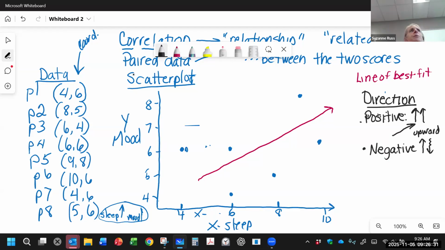Maybe stress level would decrease as hours of sleep increases. Does that make sense? As you get more sleep, is it possible your stress level would decline? Your anxiety might decline. Sleep helps with that. That would be a negative direction. We could tell because the line of best fit would go in a downward direction.